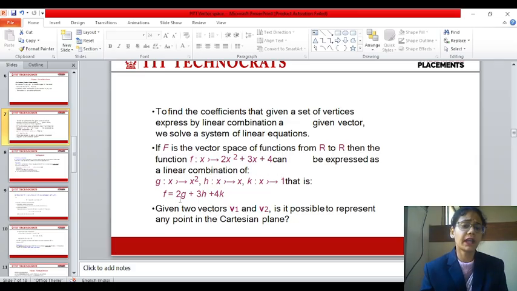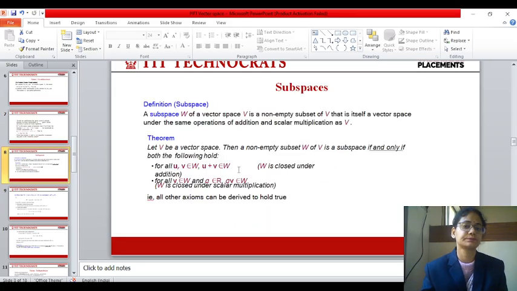So this vector f can be written as 2 times g plus 3 times h plus 4 times k. Here x square, x and 1 are vectors, and 2, 3 and 4 are constants. You can take this example up to any degree of polynomial, cubic, or any nth power of polynomial.